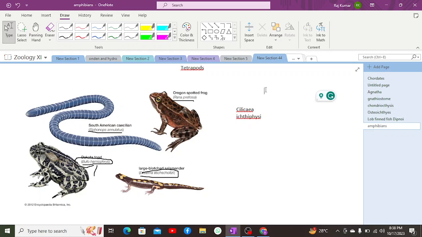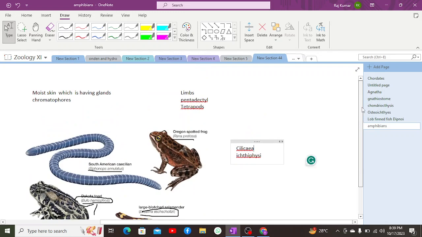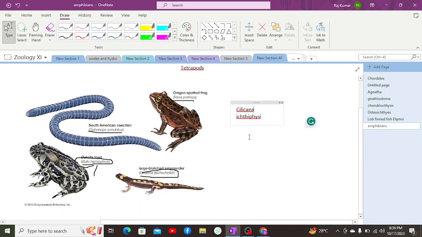It basically depends on the type of larva. When it comes to the frog larva, it is a tadpole. When it comes to the salamander larva, it is an axolotl.